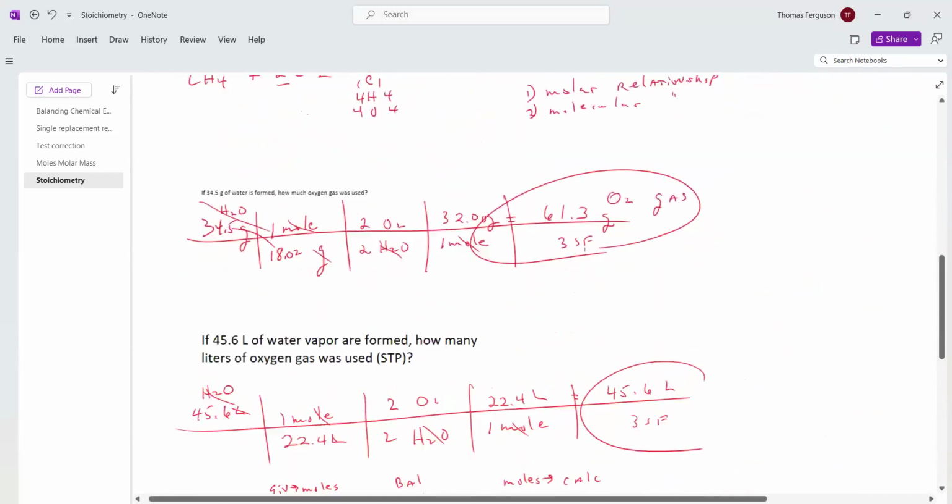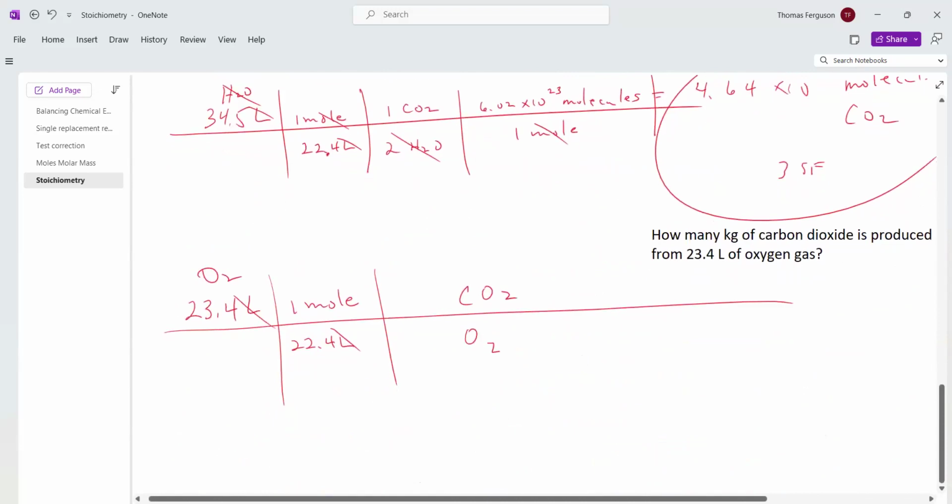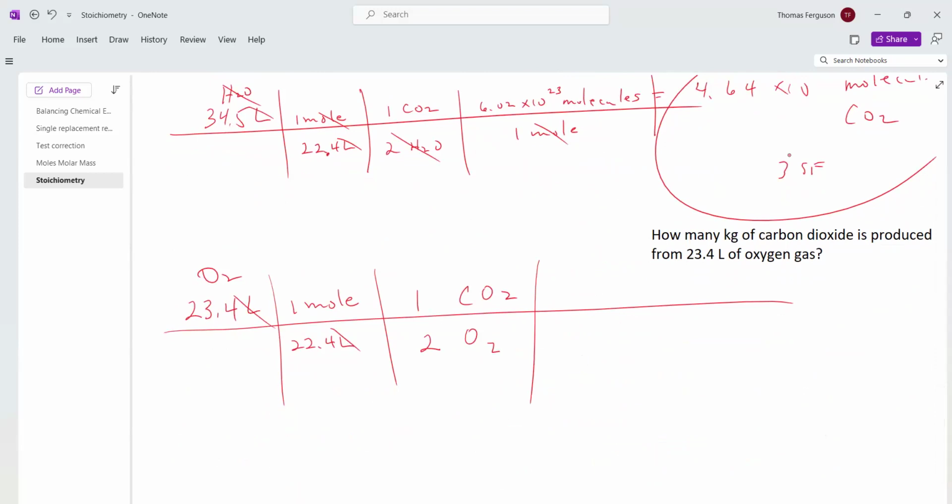Okay, oxygen's 2. Next thing we need to do is get moles of carbon dioxide to grams of carbon dioxide.